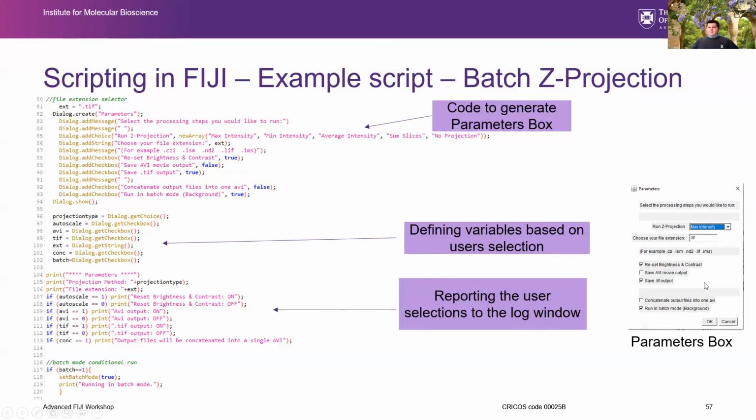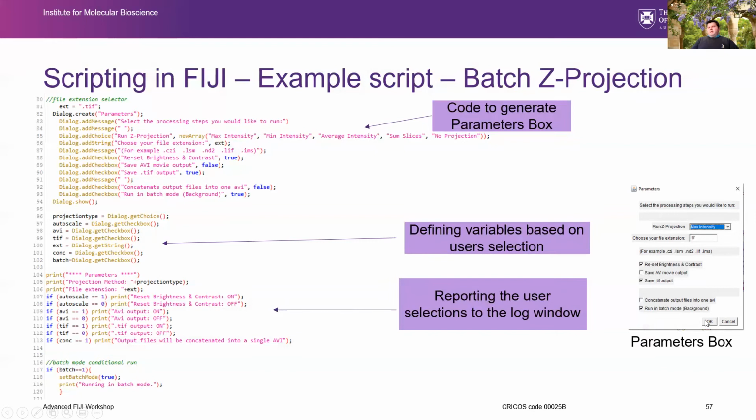We can save the file as an AVI, we can save TIFF output, we can concatenate all of the files into one AVI. If you have a series of data where there are lots of Z stacks over time, then maybe if you want to flatten each one, you string them together and watch in a movie what happens.